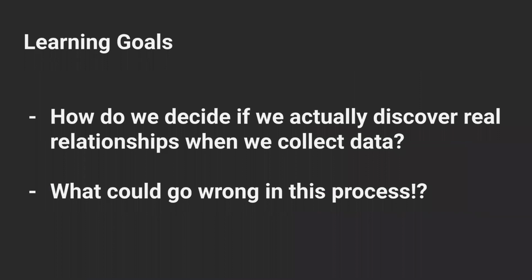So our learning goals for this class are to have a tour of how we decide if we've actually discovered a real relationship when we collect data. And then as we go through this story that I'm going to tell, we'll see what could go wrong in this process, and that's really important to think about. What I really want you to do throughout this lecture, which will be a lot more narrative on my part, is offer a lot of serious critique as we go.